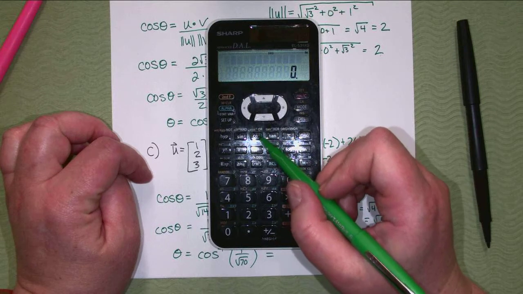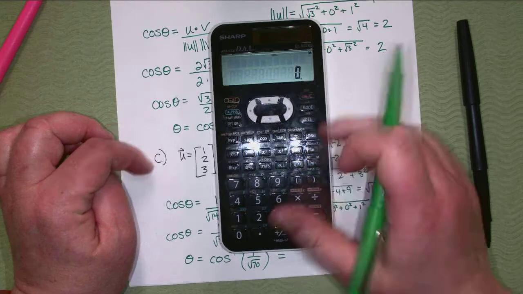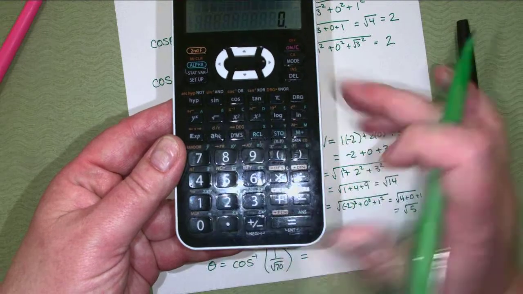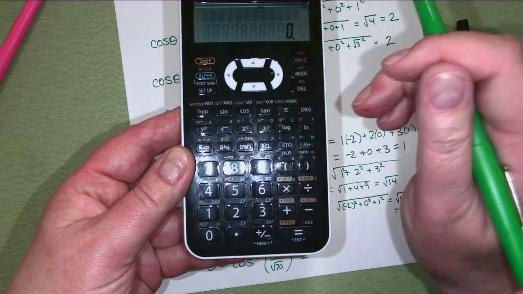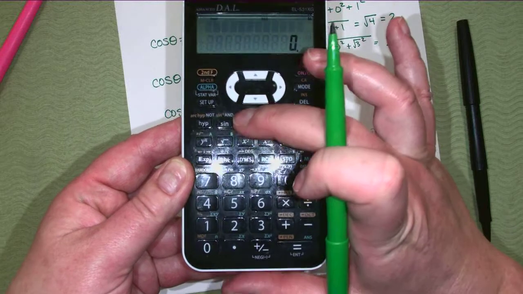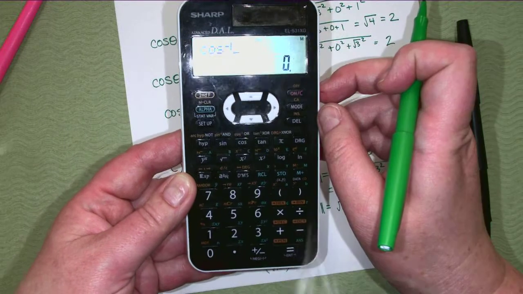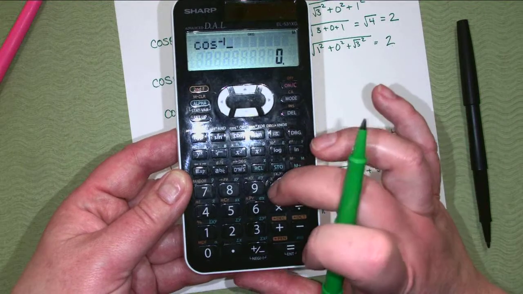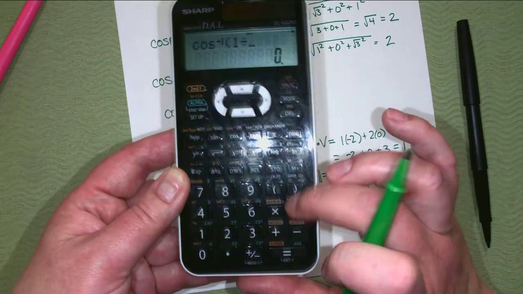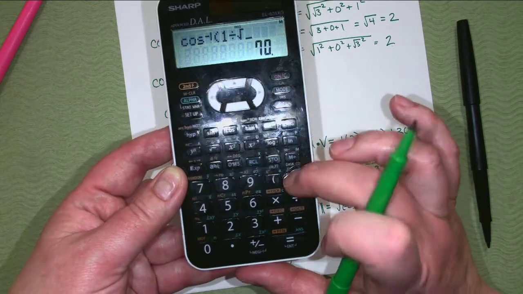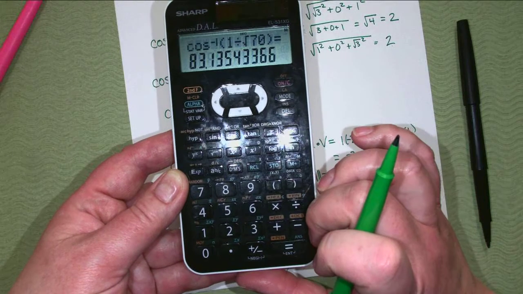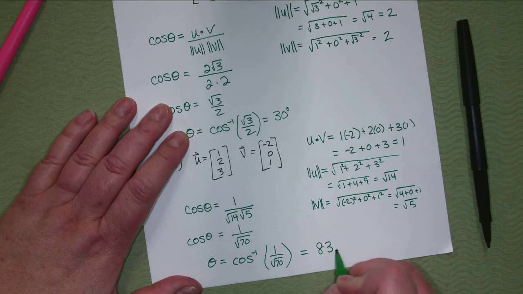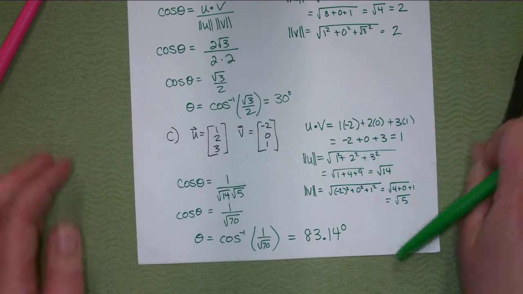You probably can't see that there, but my cos button is here, and it's orange, so I have to hit second function to get the cos inverse. Can you see it? And then I would put it in a bracket, 1 divided by root 70, bracket. So 83.114. Just make sure you have it in degrees if you're going to answer in degrees.